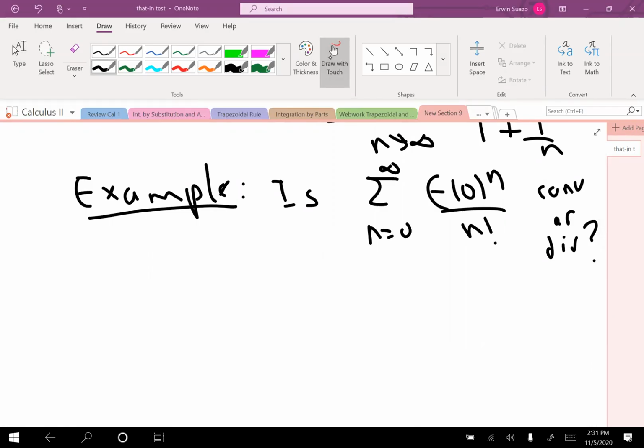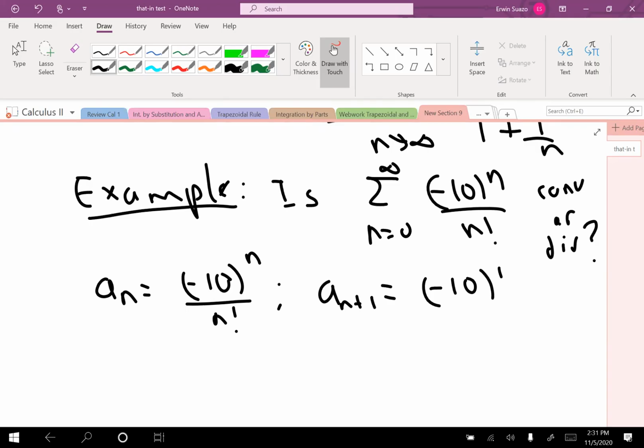Okay, let's solve it. So what is a_n? a_n is minus 10 to the n over n factorial, right? So a_(n+1) is minus 10 to the n plus 1 divided by n plus 1 factorial.